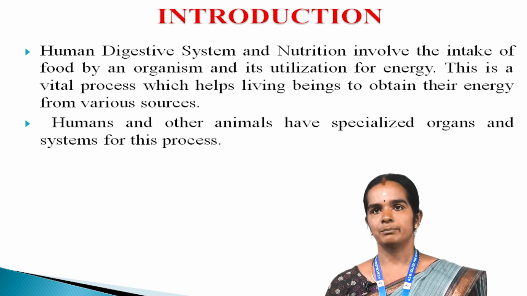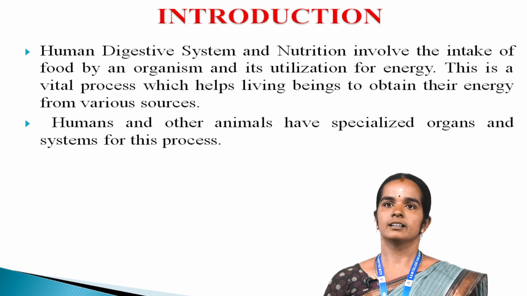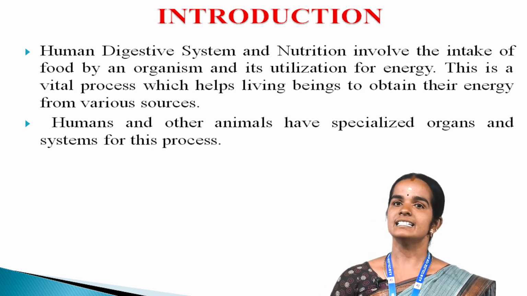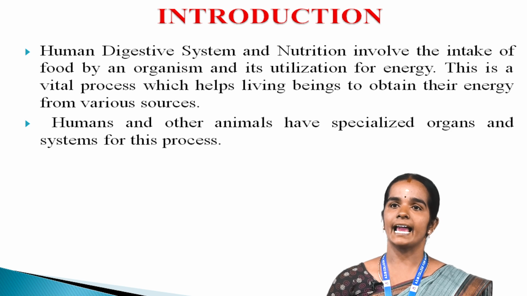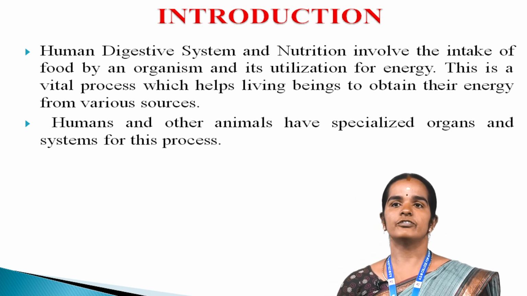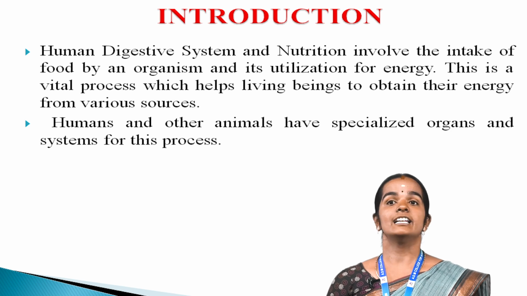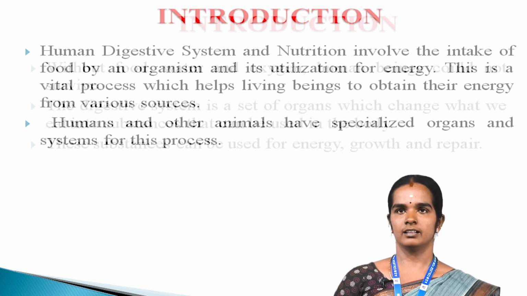pancreas and gallbladder. The hollow organs make up the digestive tract. This gastrointestinal tract, also called the GI tract, includes the mouth, stomach, esophagus, small intestine and large intestine that contains the rectum and anus.